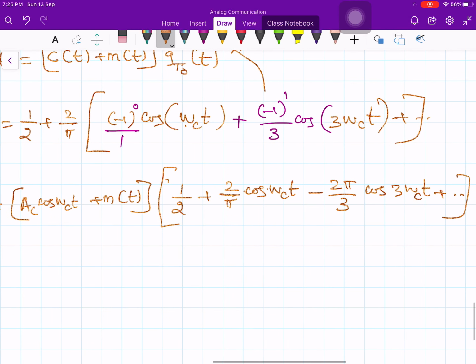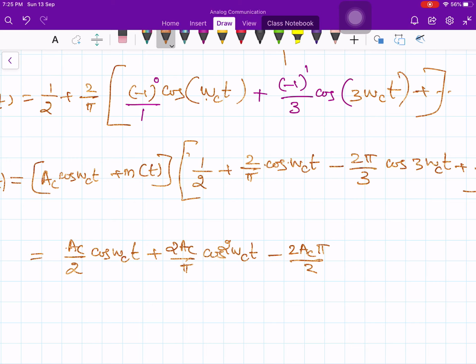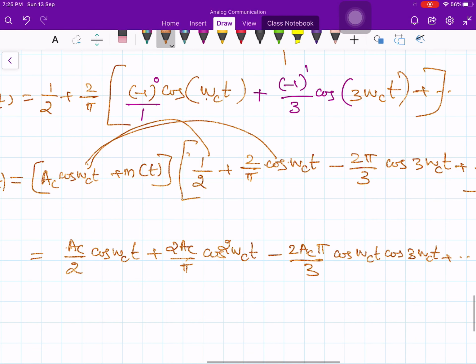Now multiply term by term. A_C by 2 cos omega_c t, plus 2 A_C by pi cos square omega_c t, minus 2 A_C by 3 pi cos omega_c t cos 3 omega_c t, plus so on and so forth.